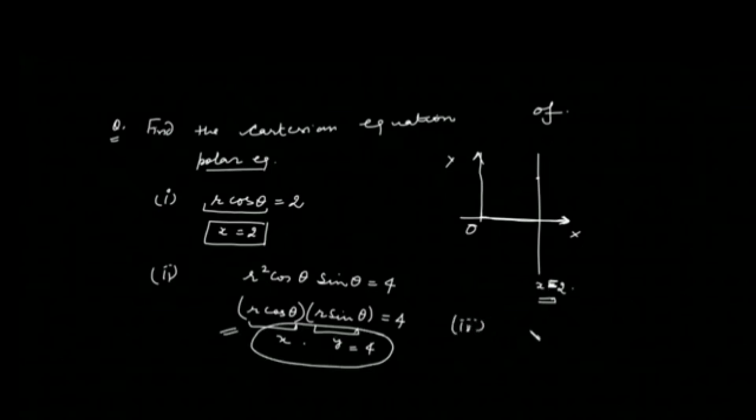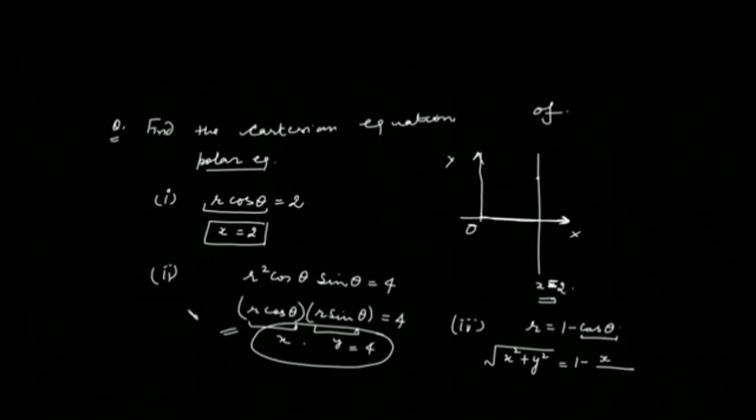Similarly, if we are having an equation r is equal to 1 minus cos theta, then we can put r to be the square root of x squared plus y squared and cos theta to be x upon r, since we know that r cos theta is equal to x.